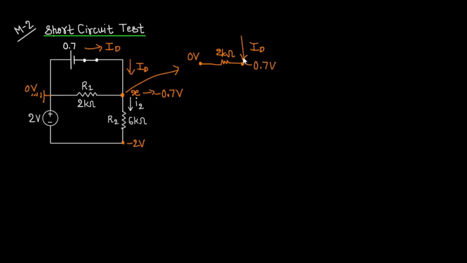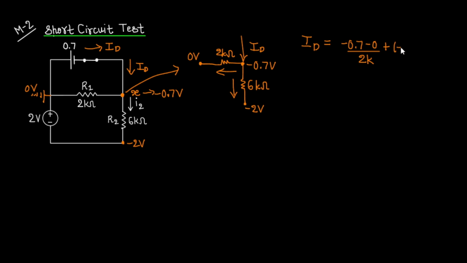The current arriving from the top is ID. And below we have a 6 kilo ohm resistor with the downward voltage as minus 2 volts. So applying the KCL, the current ID equals minus 0.7 minus 0 by 2K plus, see, this current ID is equal to this current in addition with the downward current.